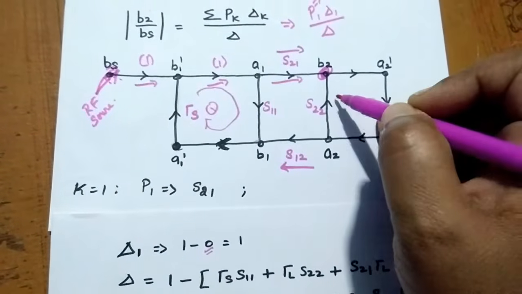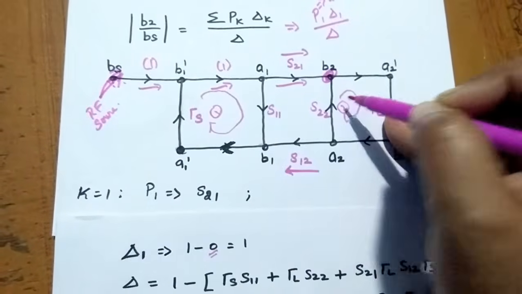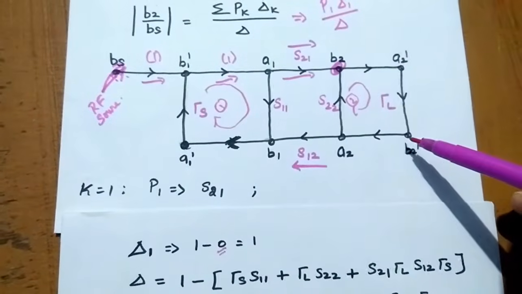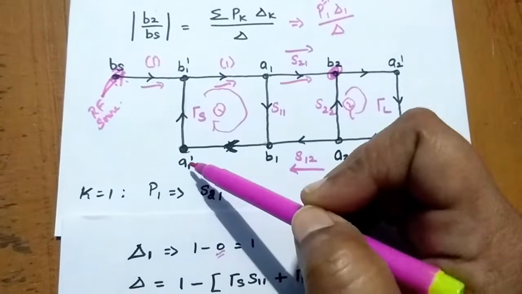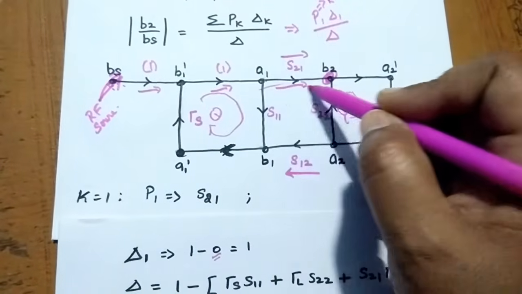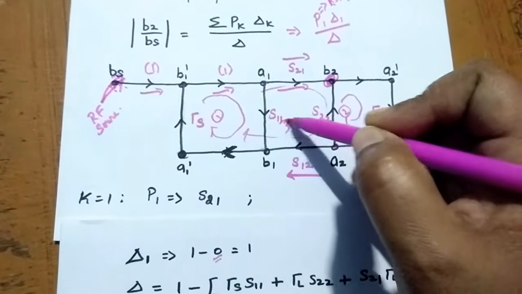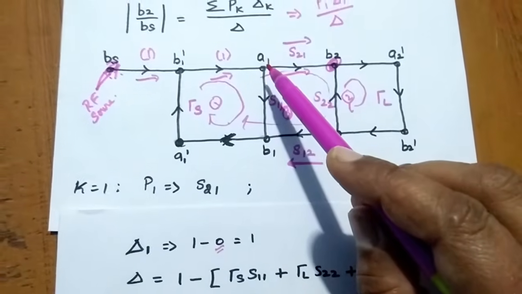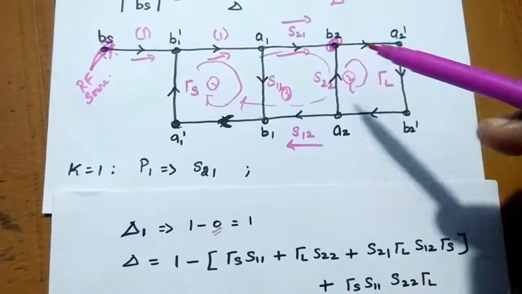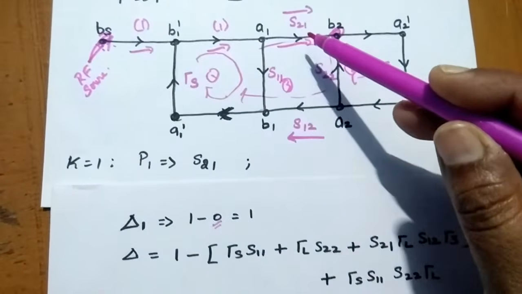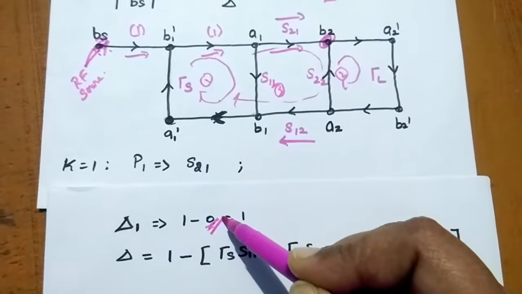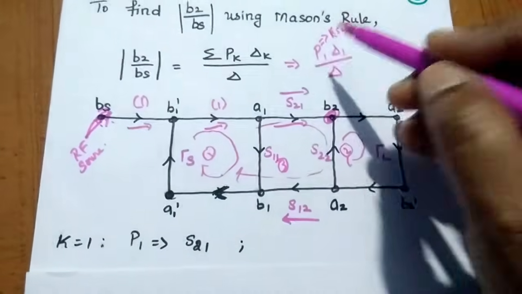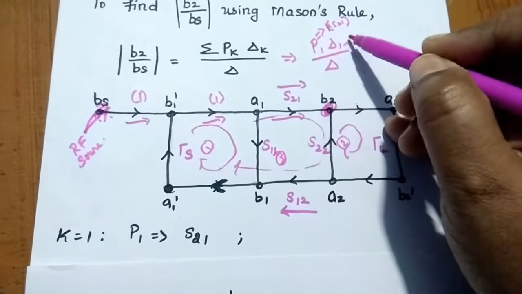There is another loop from B1 to A1, B2, A2, B2', A2, B1, A1' and B1'. So altogether there are 3 loops. But all these 3 loops touch the forward path, so there is no loop without touching the forward path, and the gain value becomes 0. So delta 1 is equal to 1. We have found P1 is equal to S21 and delta 1 is equal to 1.